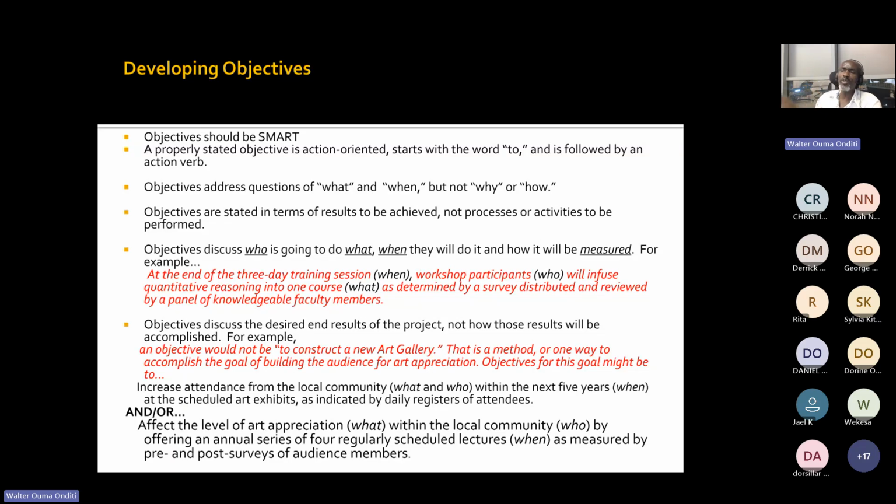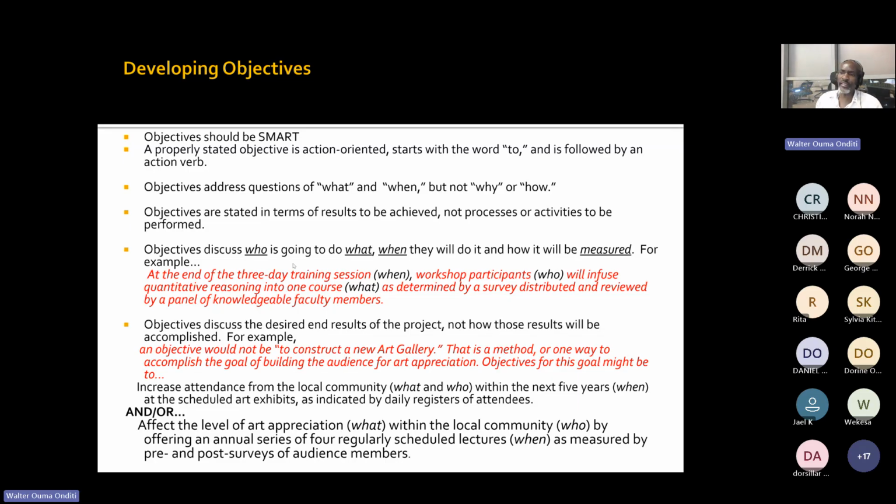Now, some things to look at. Objective: who is going to do what, when, and how it will be measured. And I've given some examples here which you can look at. So just a typical example: at the end of a 3-day training session, that is talking about where the workshop participant, or the class participant, will infuse quantitative reasoning in one course, and determined by a survey, and all that.